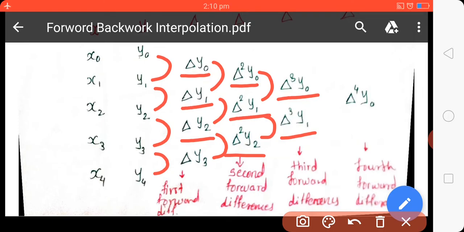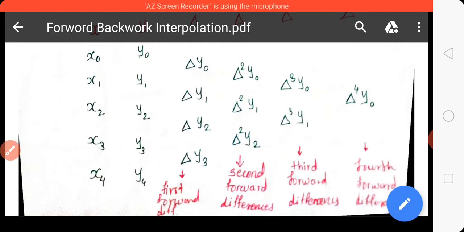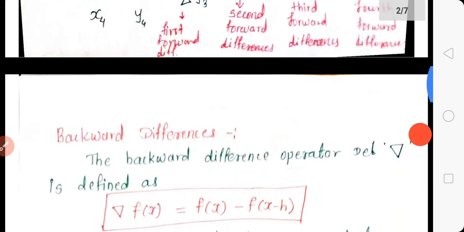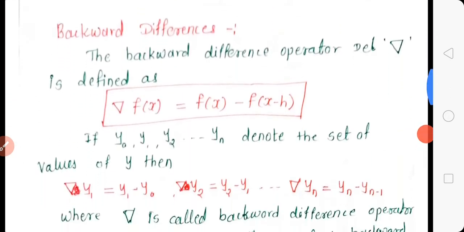Now we calculate the difference delta cube y1 minus delta cube y0. This gives delta raised to 4 y0. That is the fourth forward difference of the given function. In this way we calculate the forward differences of the function.